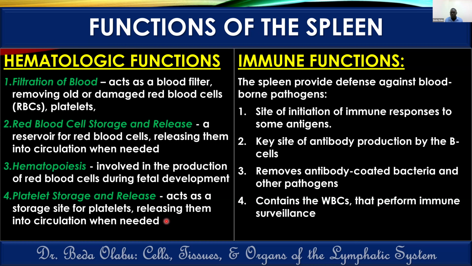Is there something wrong? And if you have cancer cells, they remove those cancer cells. That's what immune surveillance is all about, identifying and eliminating potential threats in the system. So these are the key functions of the spleen. We will talk more about the spleen when we look at its structure histologically.